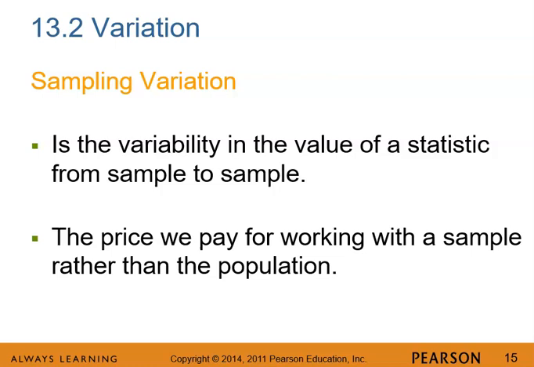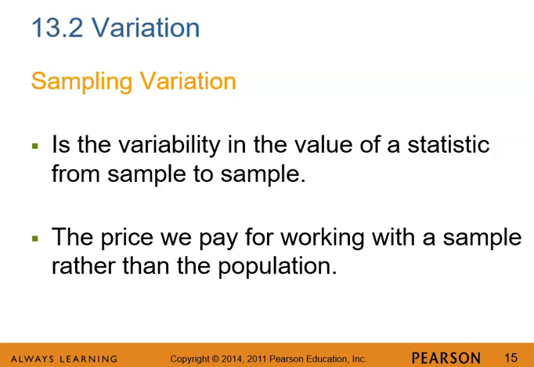Now, sampling variation is the variability of the value of a statistic from sample to sample. So when you collect 10 samples from the same population, of course these 10 samples are not exactly the same, right? They don't have the same values of average and standard deviation. They're going to be slightly different. So that change is the sampling variation, right?